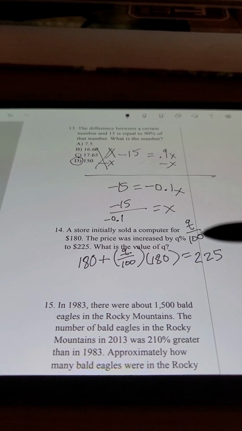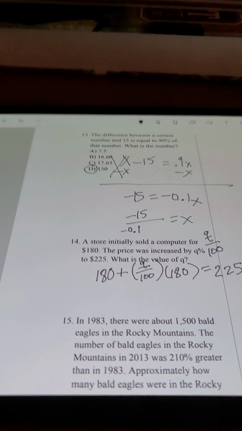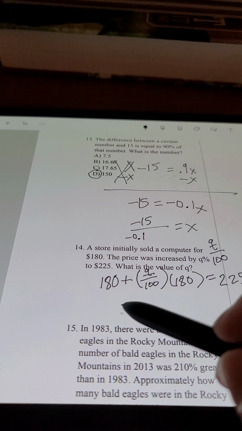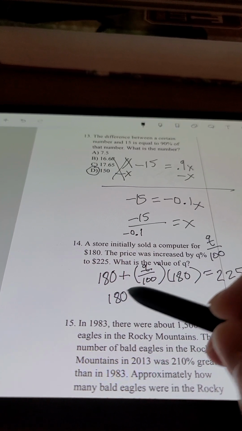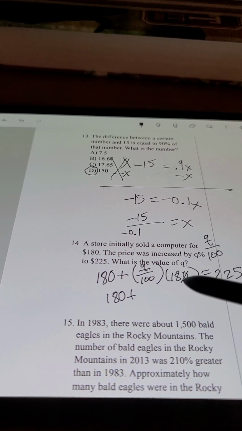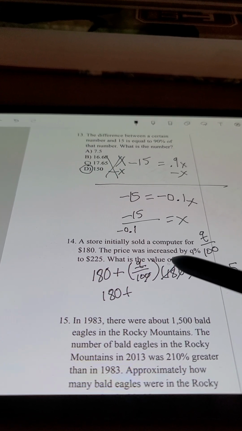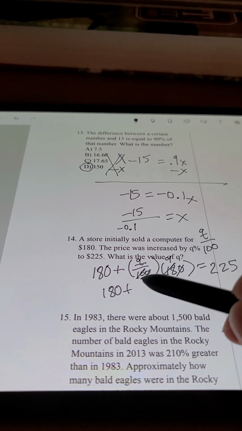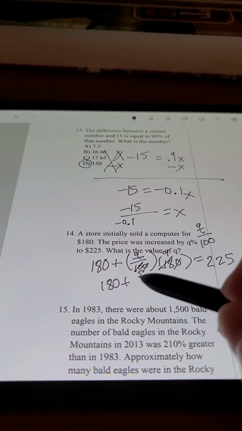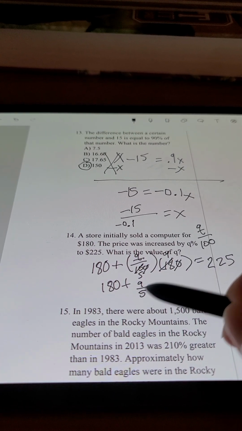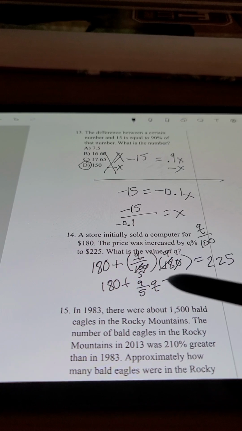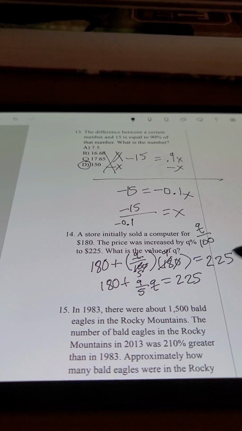So now I just need to solve this for Q. So this is going to be 180 plus. Now when I multiply this, I could say that these zeros cancel out. And then I could also say, oh, 2 goes into 18 9 times. It goes into this 5 times. So then I really just have 9/5 times Q is equal to 225.